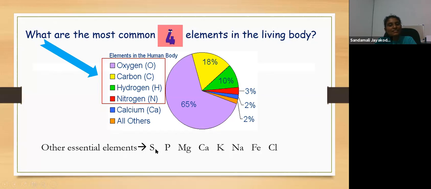Other elements are mentioned here: sulfur, phosphorus, magnesium, calcium, potassium, sodium, Fe which means iron, and also chlorine. These different elements make up the other 4% of the human body weight. So this is the composition of elements in our body.